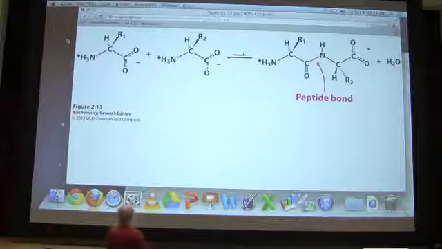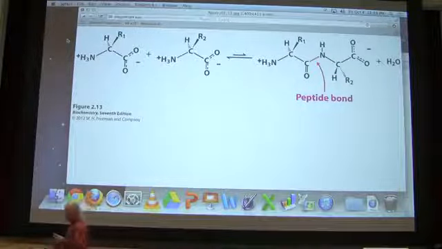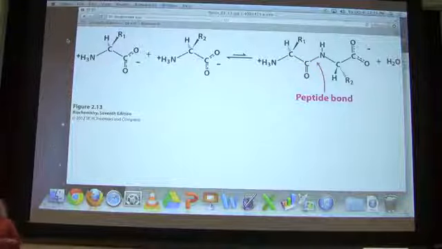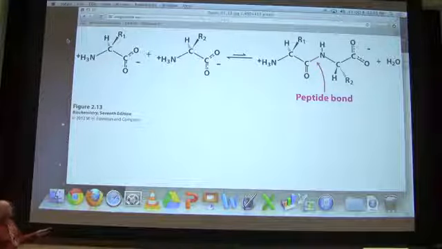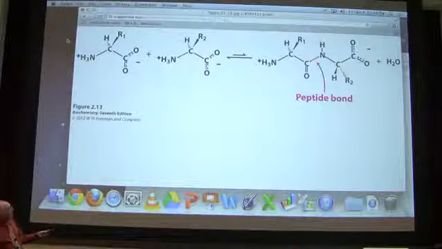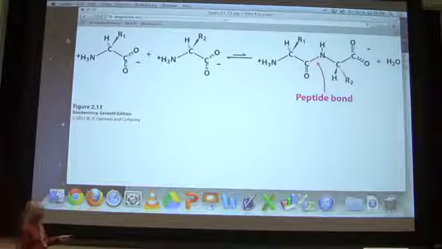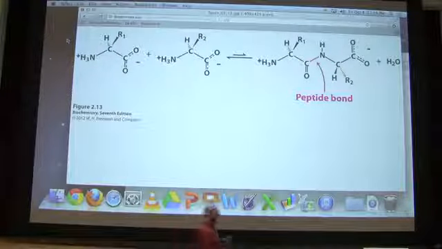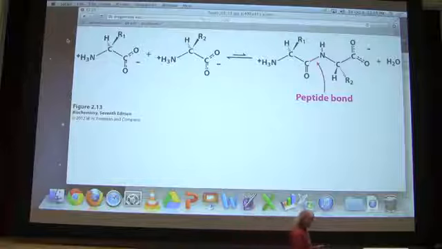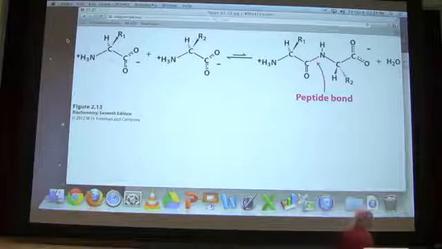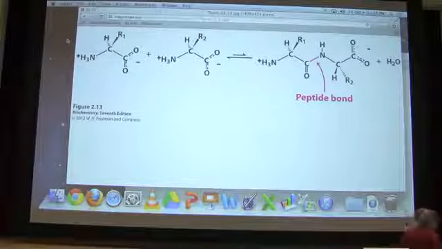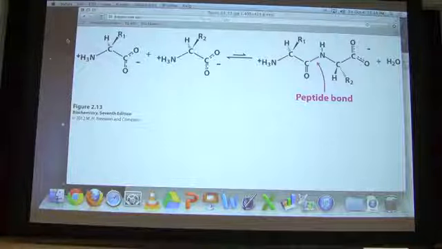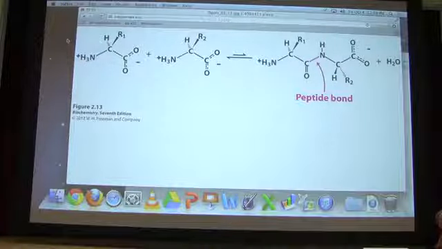One end is called the amino end, which is where the only free alpha amino group will be. I say free because it's not bound to anything else. And it will have a carboxyl end, which is where the only free alpha carboxyl will be found.